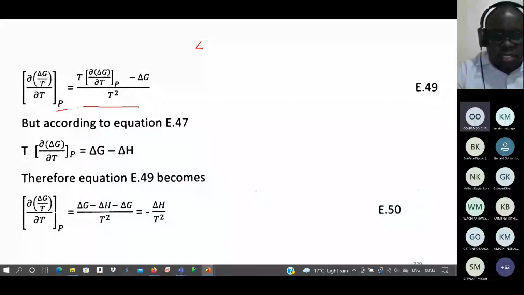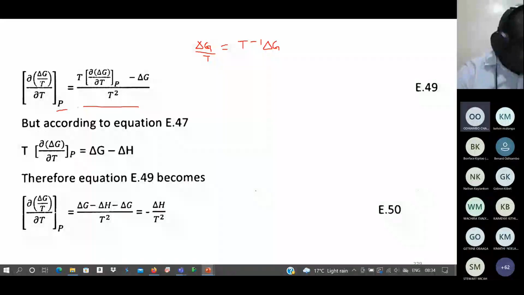You have to appreciate that delta G over T can be written as T to the power minus 1 delta G. So then from there you can differentiate this with respect to temperature, keeping pressure constant.